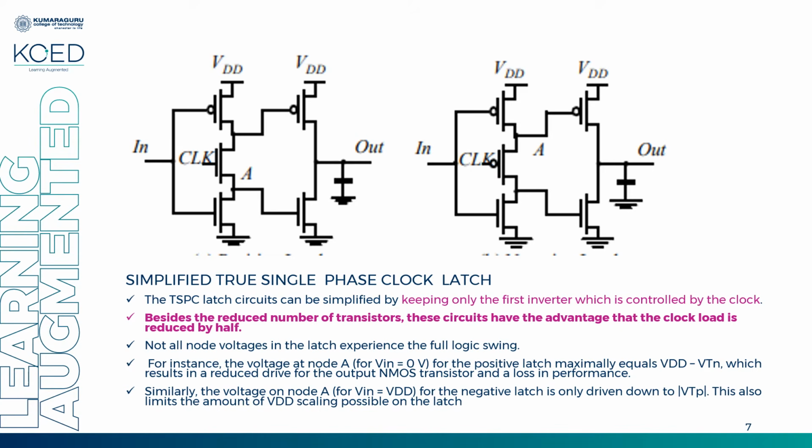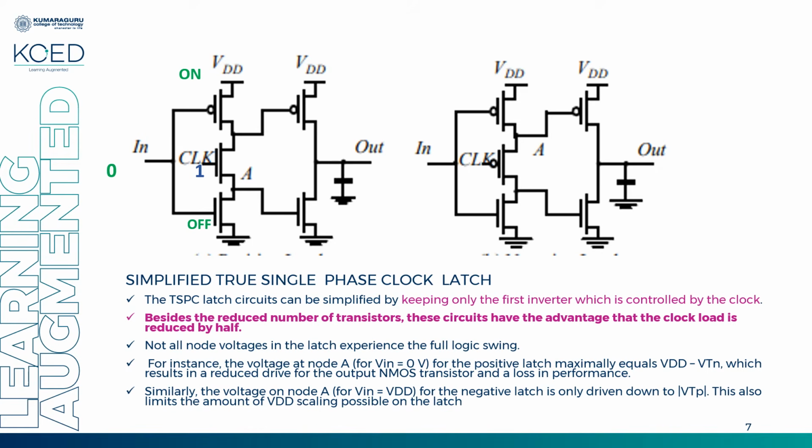But there is a problem here. The problem is charge sharing. Suppose both the positive and negative latch are given, and both are in transparent mode. When your input is 0 in the case of the positive latch, what happens? The PMOS is on, the NMOS is off, and the clock is 1, so it is transparent mode.